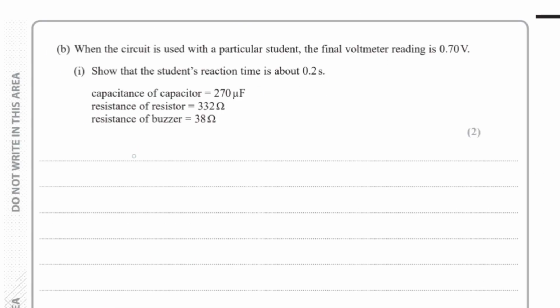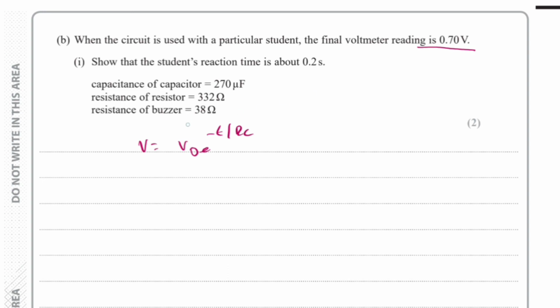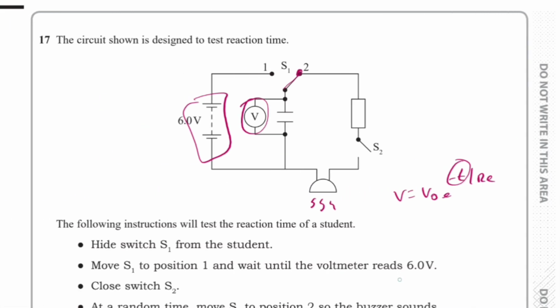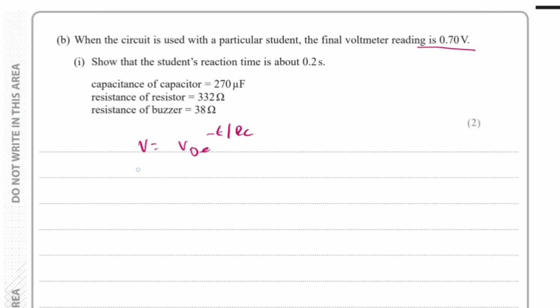So the formula is V equals V naught e to the power minus t by RC. V is the final voltage, and V naught here was the initial. So 0.7 equals 6 e to the power minus t by RC.